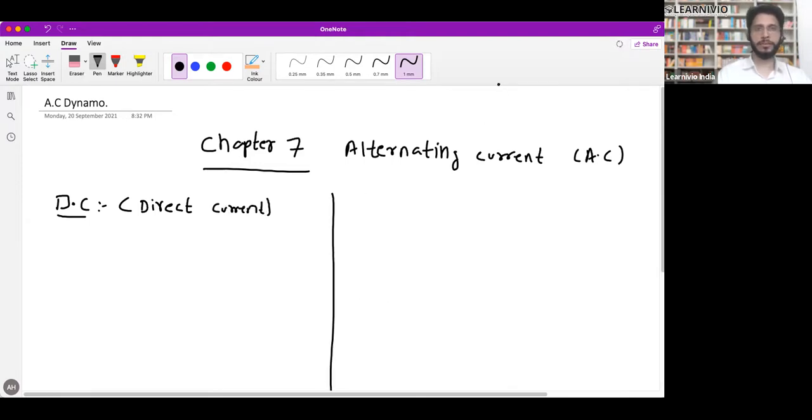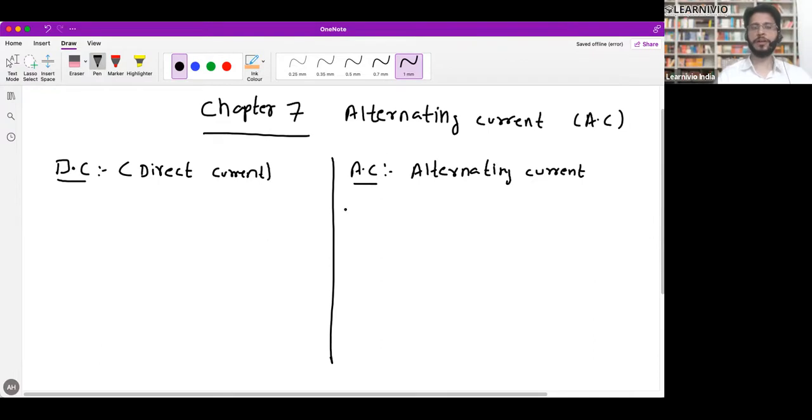Another is AC current, alternating current. So let's see what the difference is between the DC current and the AC current.